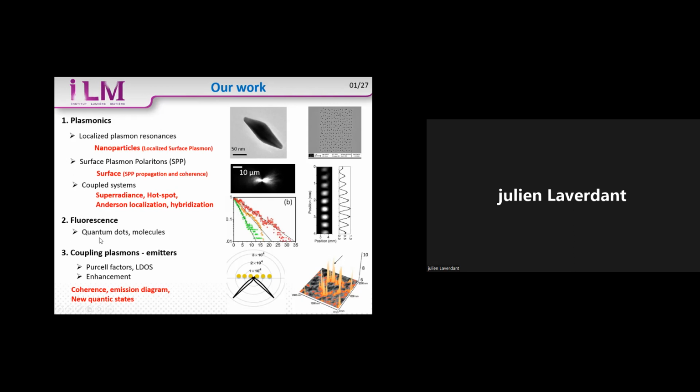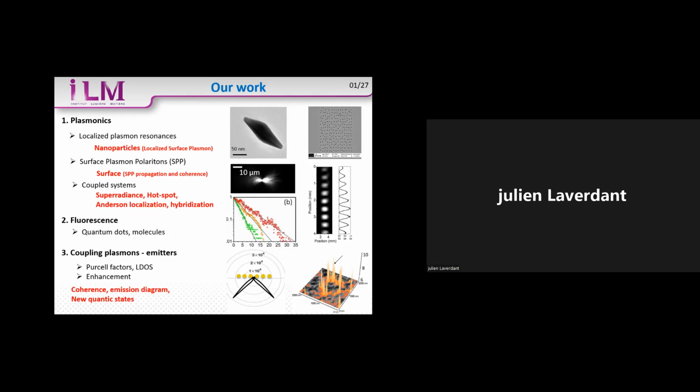The second part of our work is related to fluorescence, which we have just seen in a few previous talks, either from quantum dots or single molecules. We are interested more in physical properties like lifetime or spectroscopy, to help, for example, colleagues in chemistry who synthesize these objects to see if they have a better quantum yield and to understand why these probes can be better or not.